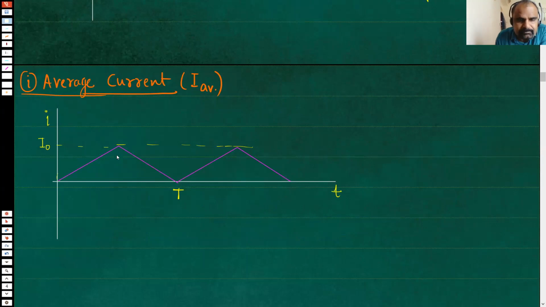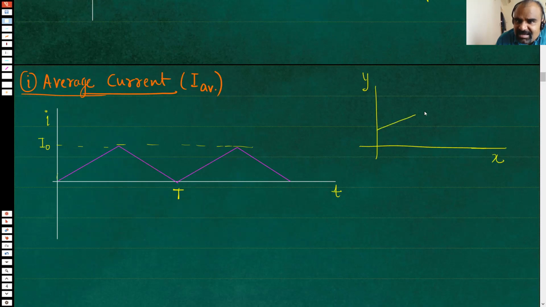Now, for a linear function, listen carefully. For a linear function, it is very easy to guess that the average will be exactly at the middle. I'll give you a few more examples. Just for example, suppose there was a function y versus x, and this straight line was like this.